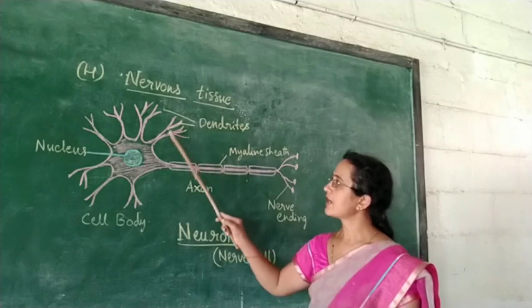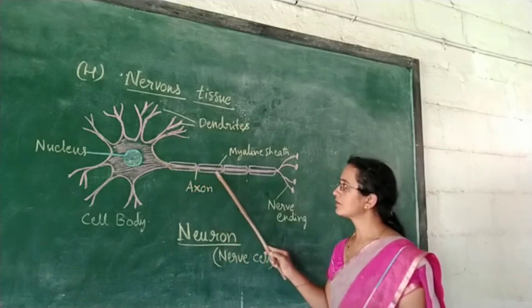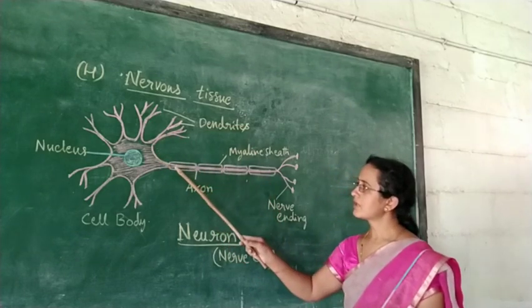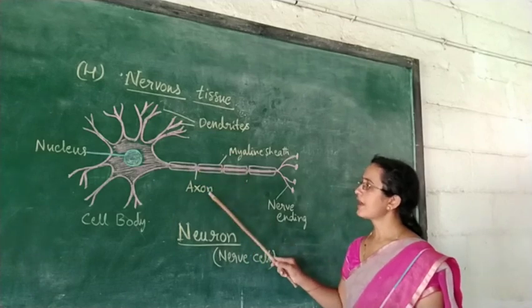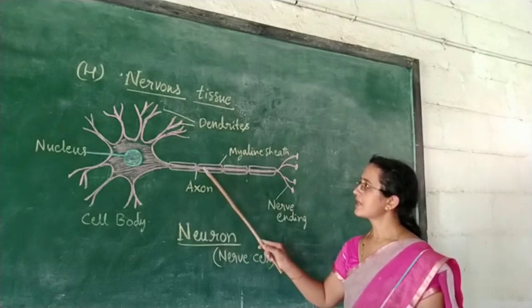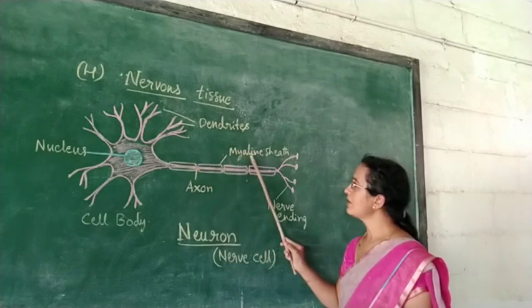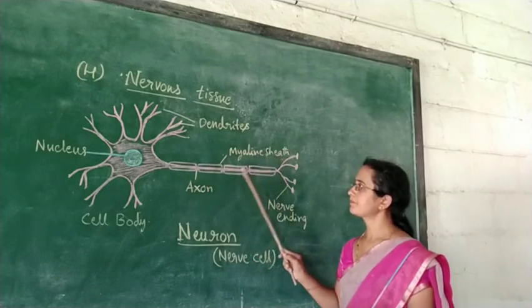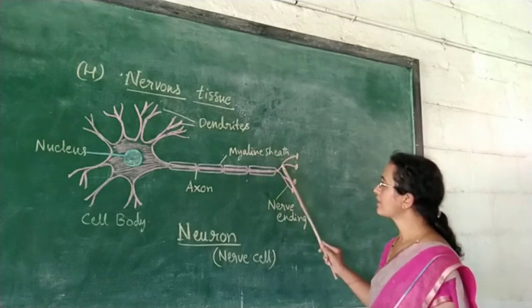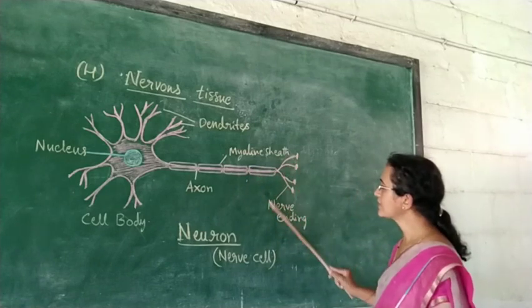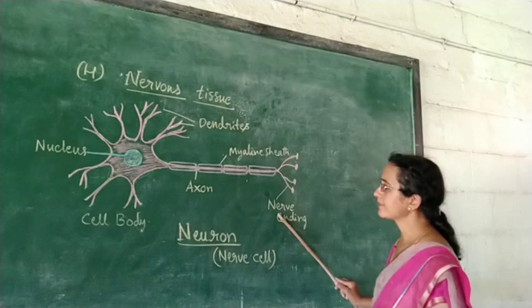One of these short branches has become long and turned into a long structure called the axon. The axon has a fatty layer outside it, called the myelin sheath. At its end, it has fine branches called the nerve ending.